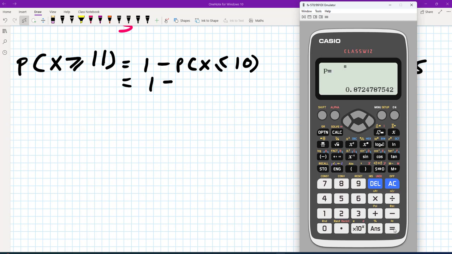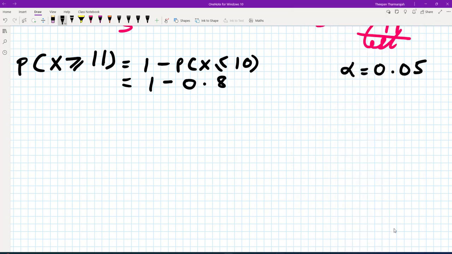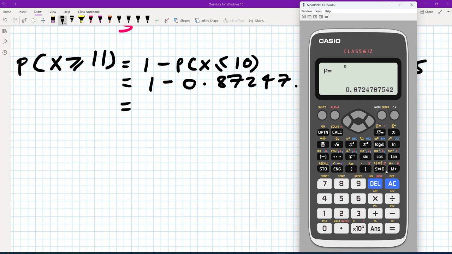That will give me 0.87247. I've shown how to calculate these. You store that in A. Go to 1 minus A, and that will give me 0.1275.